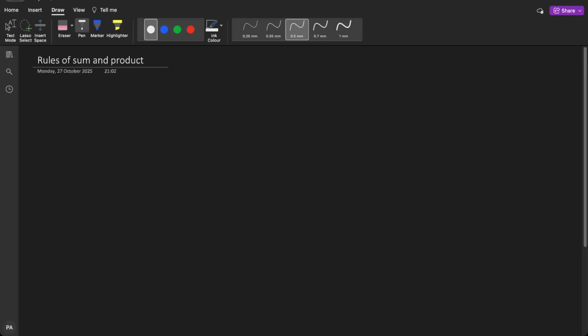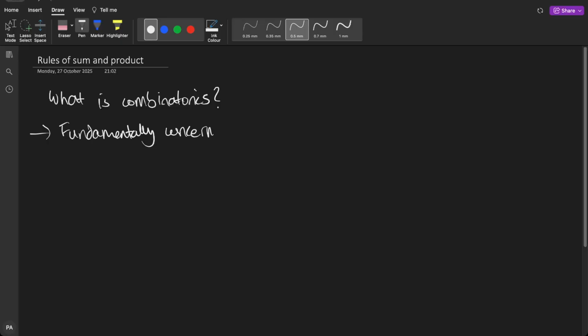Before we start, I want to ask the question of what combinatorics actually is. Fundamentally, it is the branch of mathematics which is concerned with counting and enumeration.